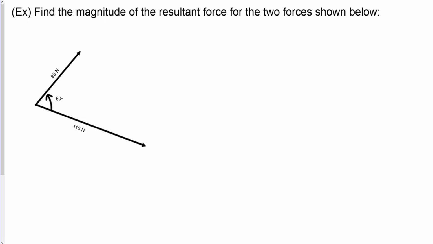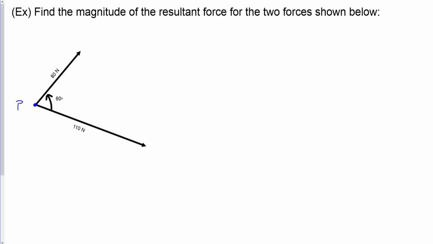Let's work an example. Find the magnitude of the resultant force for the two forces shown below. So I have two forces that are acting on a point. I'll call this point P. And what's happening is there's a force of 80 newtons and a force of 110 newtons that are acting on this point, but in different directions.